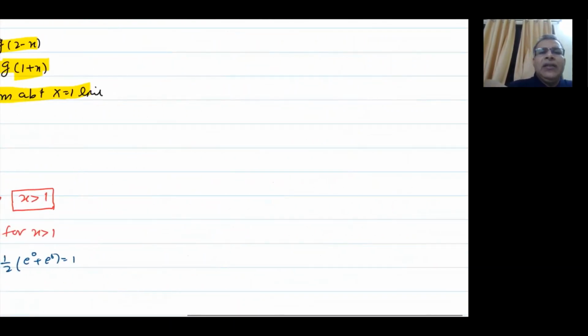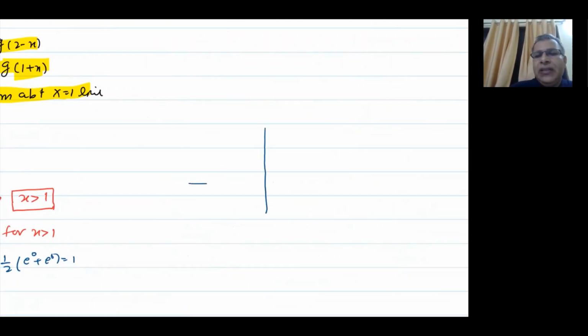So let us say that if we plot the graph of g(x), the g(x) curve is symmetrical about the line x = 1, and this line is x = 1, and the graph of the function is defined like this.